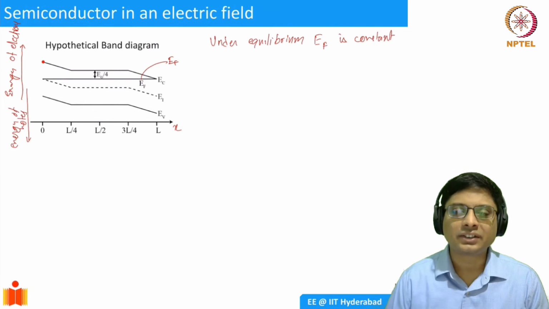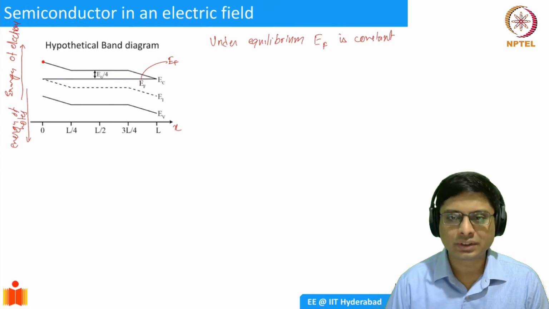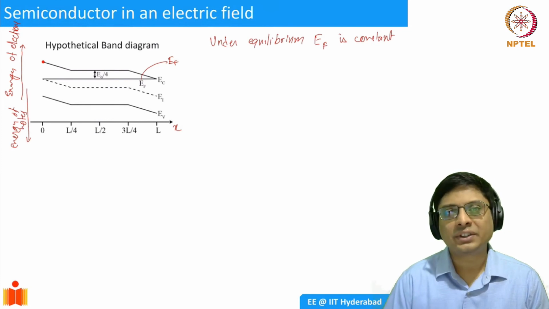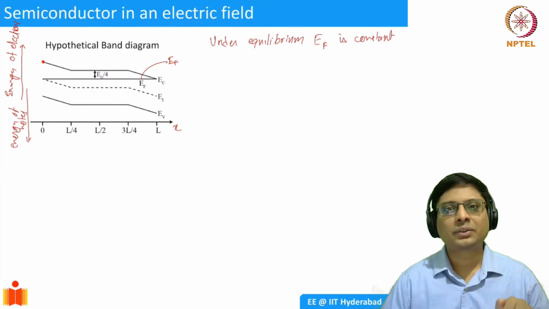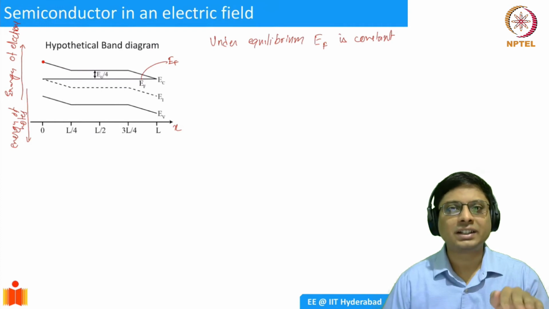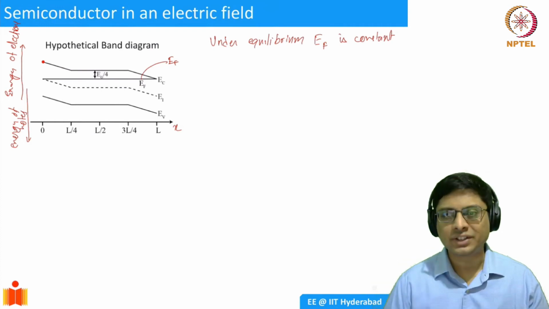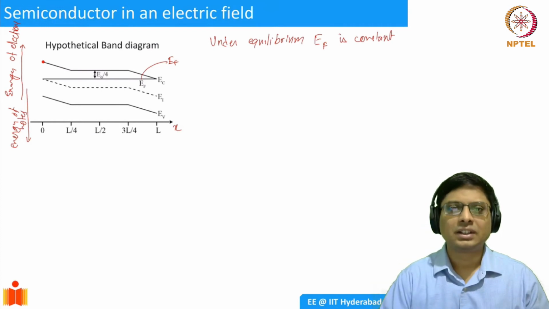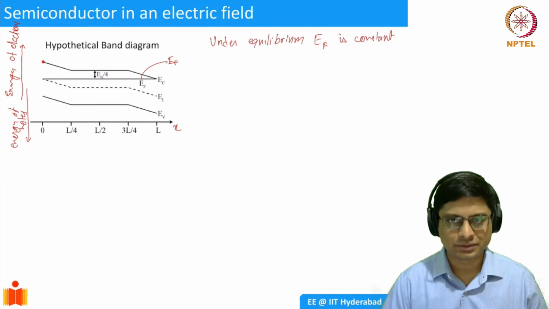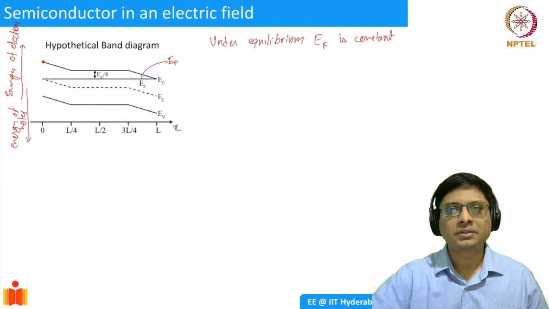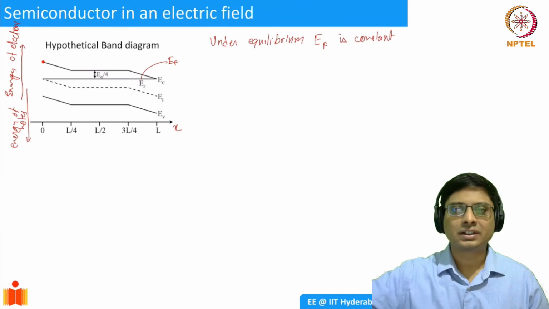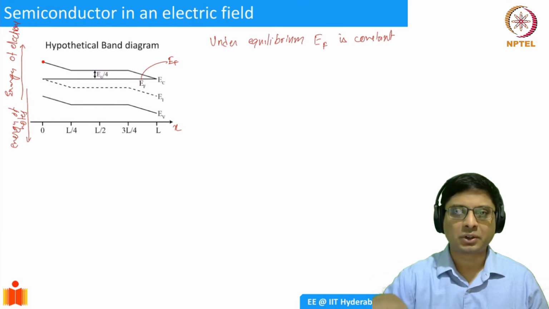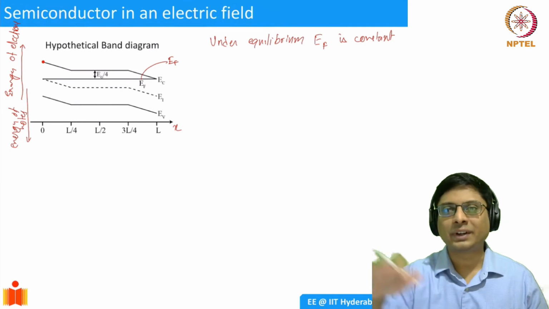The reason for that is, suppose it is not true. What happens? When EF is not uniform, then electrons from the higher EF regions can travel into the lower EF regions and then equilibrate. It's sort of like a tank of water. If you take EF as the level of the top of the water, that is never going to be different in a particular tank, right?